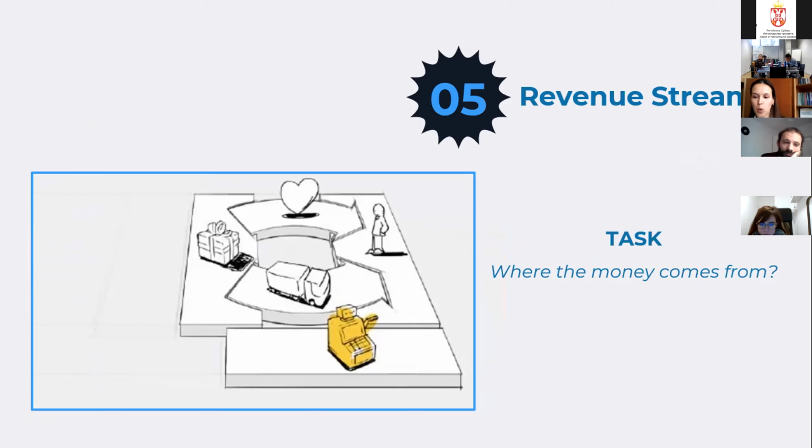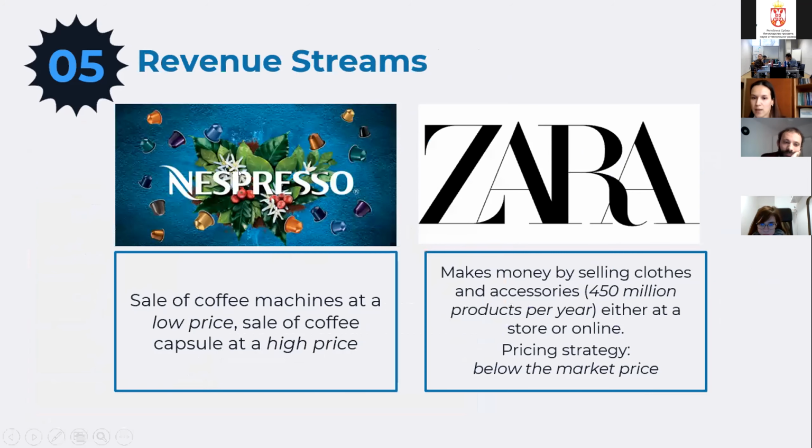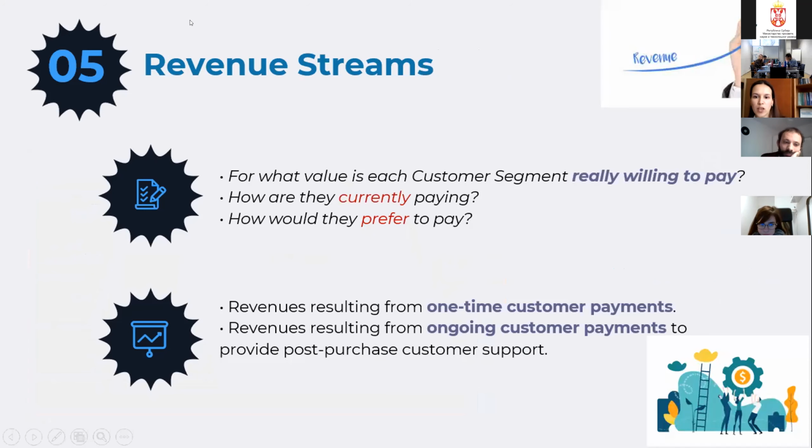We must show where the money comes from. And this block of the business model canvas represents the cash that the entrepreneur generates from each customer segment. So this block of the business model canvas is defined as the way by which our business converts our value proposition to financial gain, to financial profit.